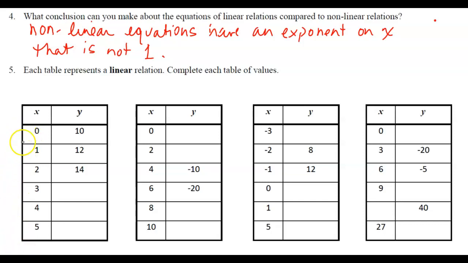So you don't have to show it if you don't want. Just take a look and see, is it going up by the same amount? If it is, then everything in the y's has to go up by the same amount. And so what is it going up? It's going up by 2, by 2. So we have to keep going up by 2. So 16, 18, 20. Done.